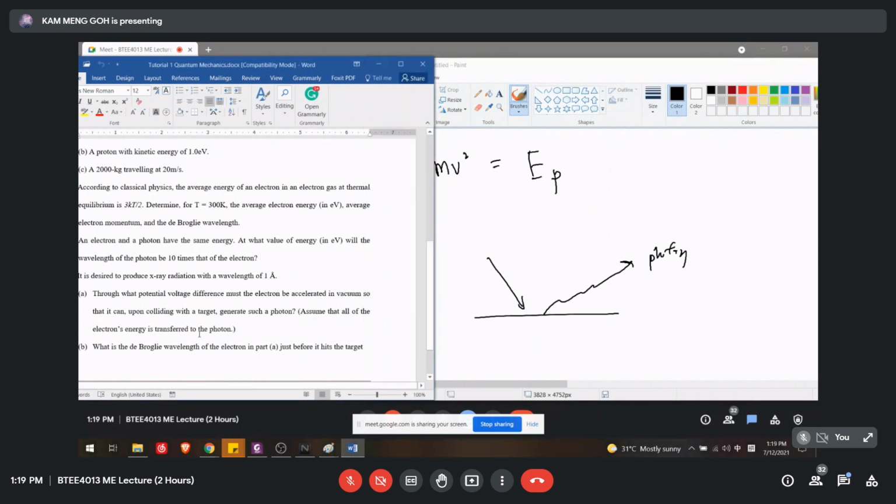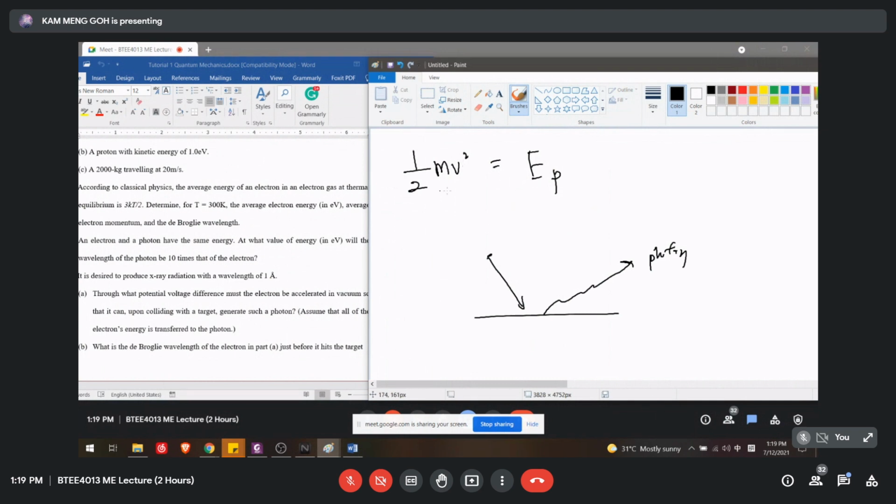The hint says all the electron energy is transferred to the photon, which means this will be equal to E_P. E_P equals hc over lambda, sorry, typo. This design produces X-rays of 1 angstrom, which means that this lambda is 1 angstrom.